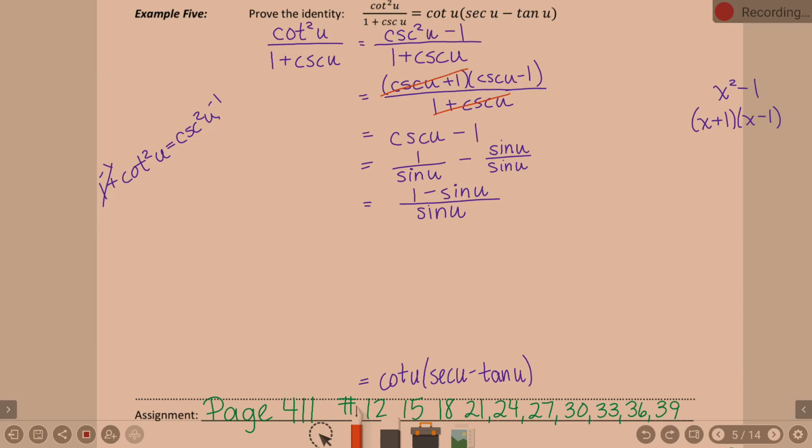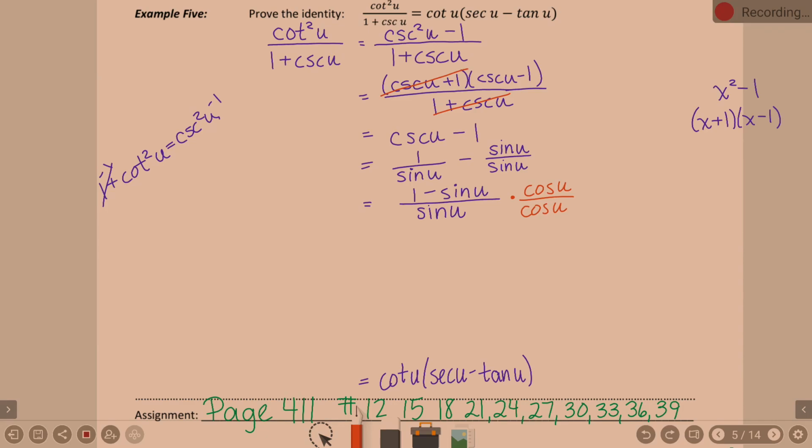So an option we have here is to multiply top and bottom by cosine. Now, hear me out, okay? Because by doing this, eventually I don't have any cosines in the problem.